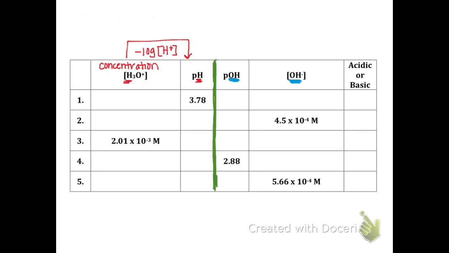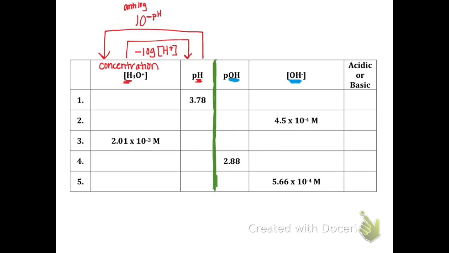Now say you want to go backwards. Say you have pH and you want to go backwards to concentration. Then you have to use anti-log, which looks like 10 to the negative pH. So little note, this is anti-log, which is second log on your calculator.